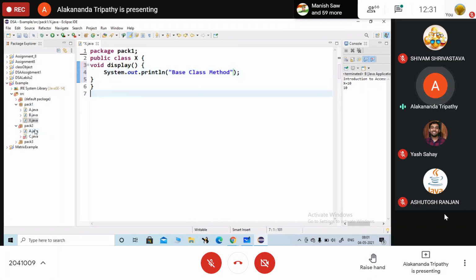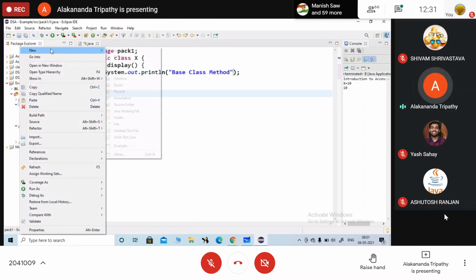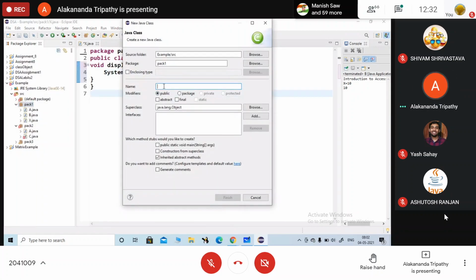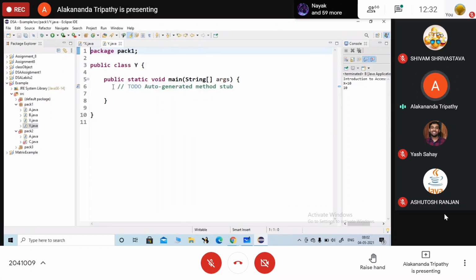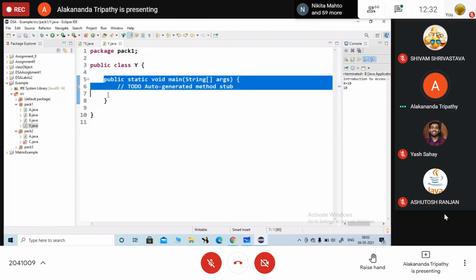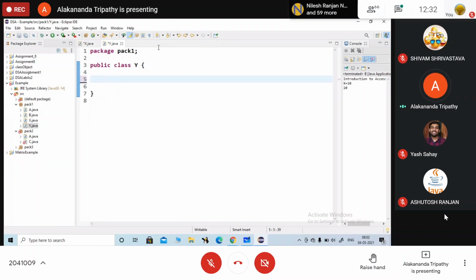Then I will define another class within the package. Let the class name here be Y. Public class Y, it will extends X. Okay, so extends X मतलब ये कौन से क्लास को inherit कर रहा है?